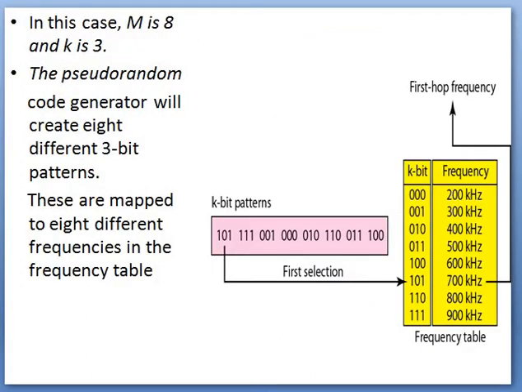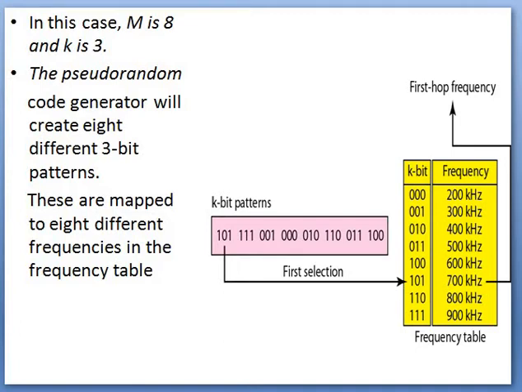Suppose we want to have 8 hopping frequencies. We can illustrate this with a simple example, as shown in the figure. In this case, M is equal to 8 and K is 3, that is, a 3-bit pattern. The pseudo-random code generator will create 8 different 3-bit patterns.